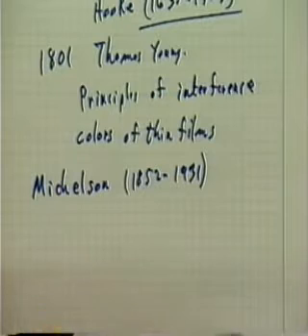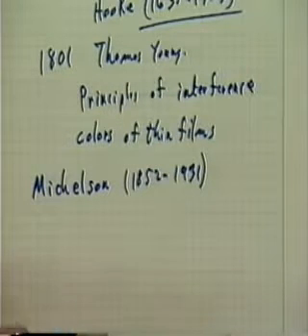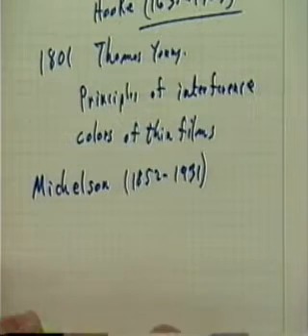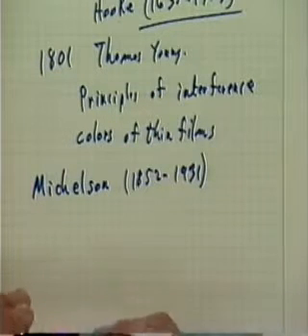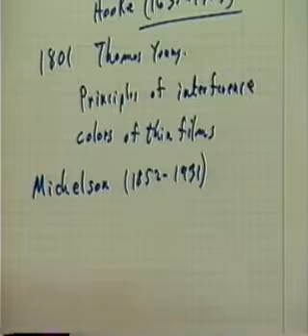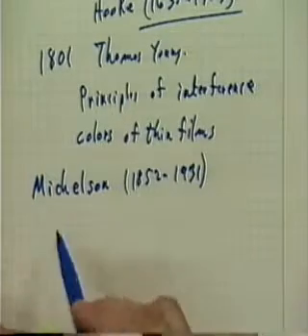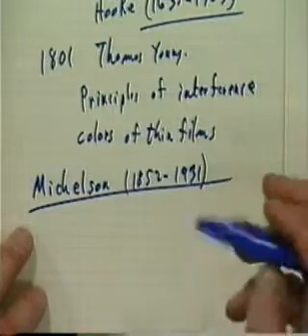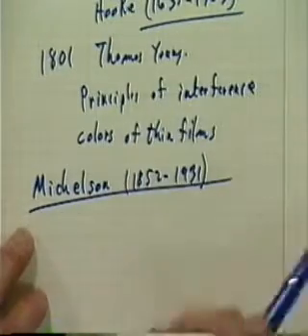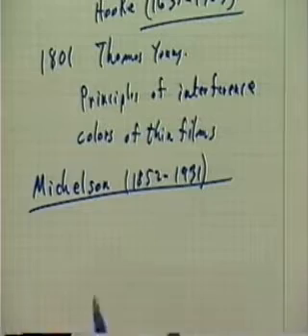And he was probably most famous for not being able to see the ether drift. And this was later resolved by Einstein in his special theory of relativity. If you go back and look at Michelson's papers and books, he knew everything there was to know about interferometry. This is a long time ago.